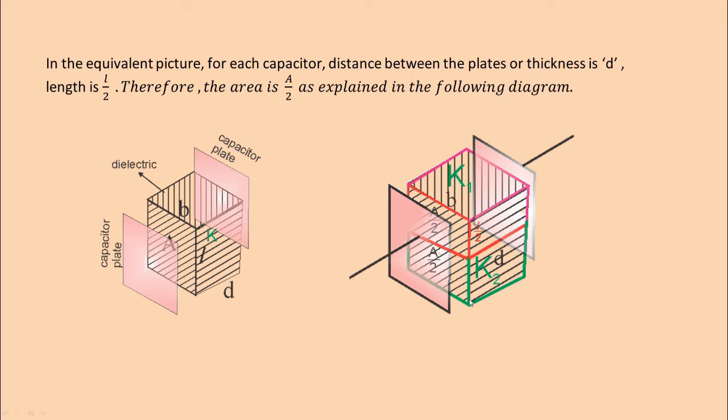This is also L by 2. B is same here, or this is also B into L by 2, A by 2, because A is B into L from the first picture. That's all. After that, it will be very simple. See, area is A by 2, this is D, distance between the plates, or you can even say the thickness of the dielectric, because D equals T, thickness of the dielectric.